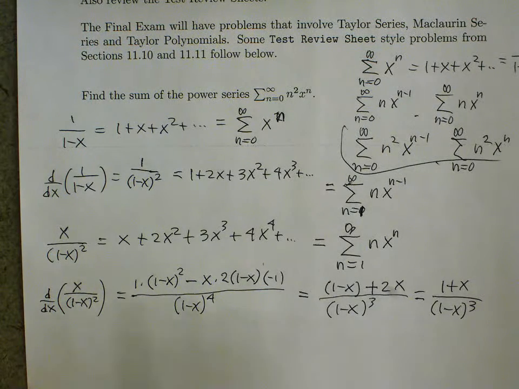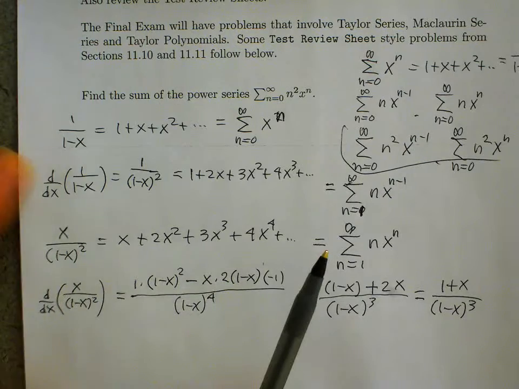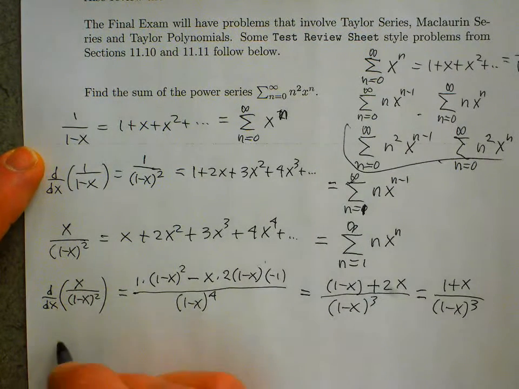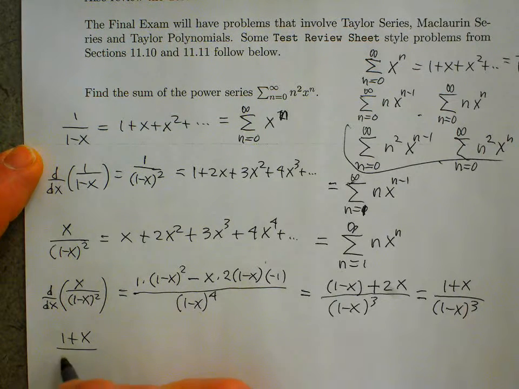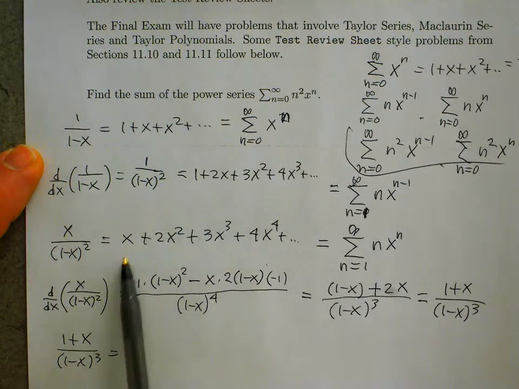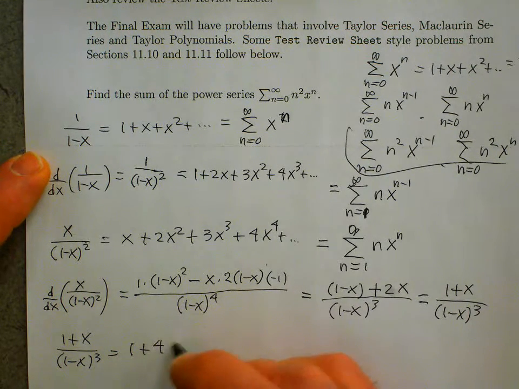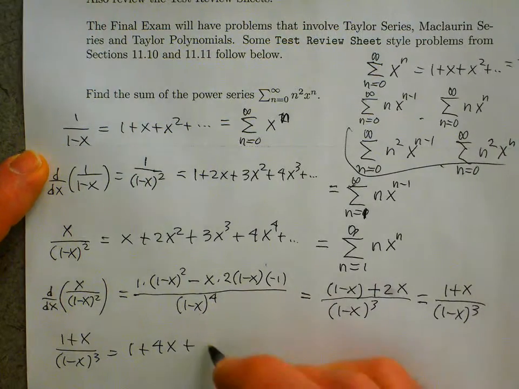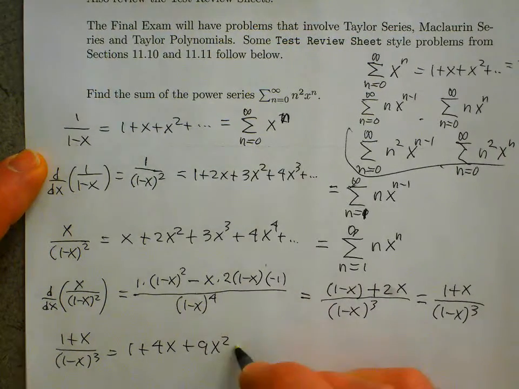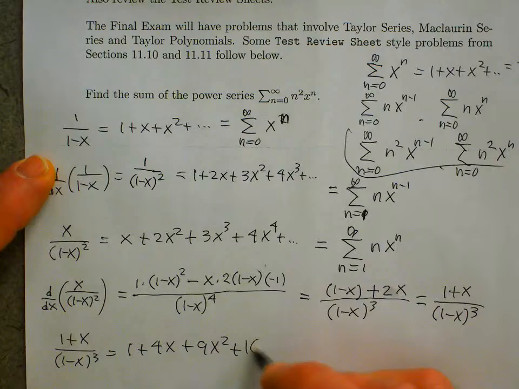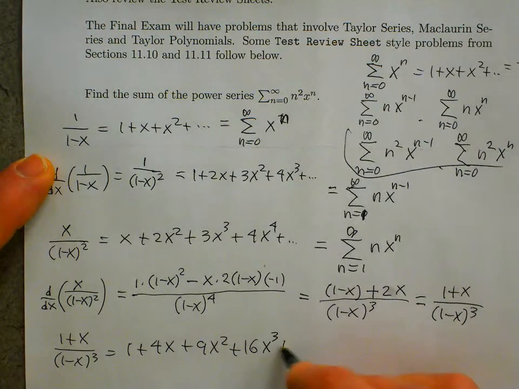So this is the derivative of this series up here. So I'll rewrite 1 plus x over 1 minus x to the third. And then the derivative of each of those is 1 plus 4x plus 9x squared plus 16x to the third, and so on.